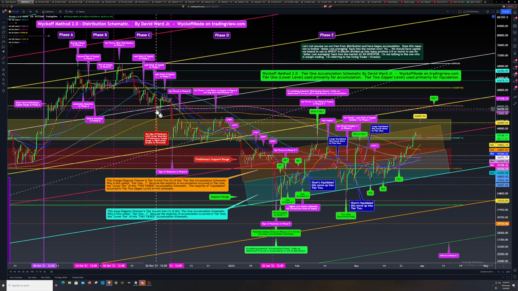Now a sign of weakness whenever we went below this lower boundary right there. When we went below it right here, now we have a sign of weakness in phase D, as in Delta, then came up with an upthrust, last point of distribution in phase D, before falling down with another sign of weakness right there.